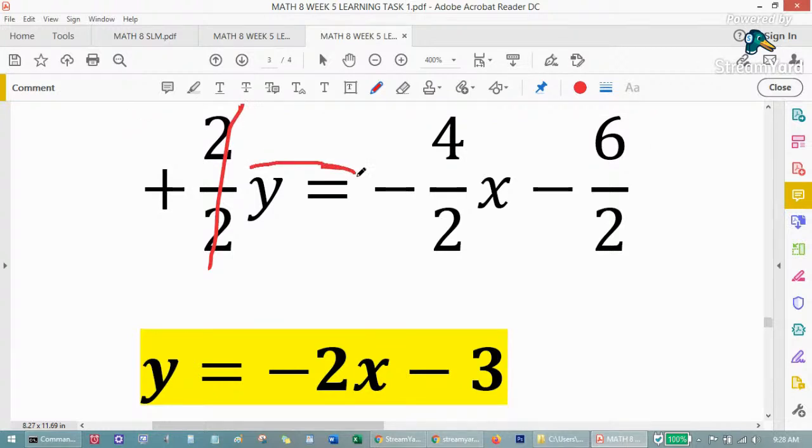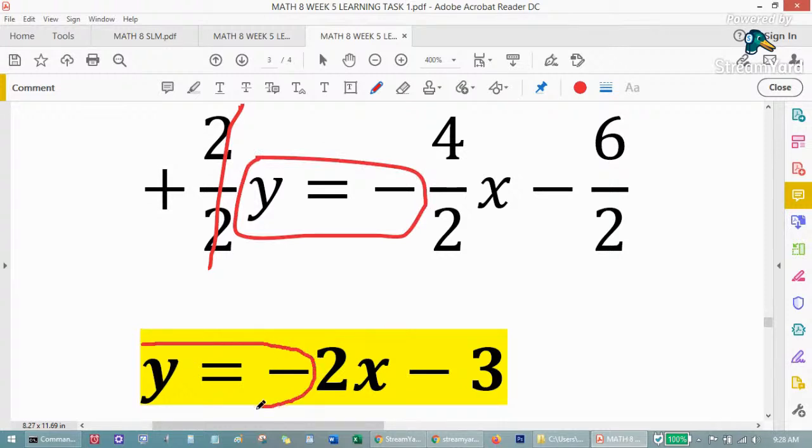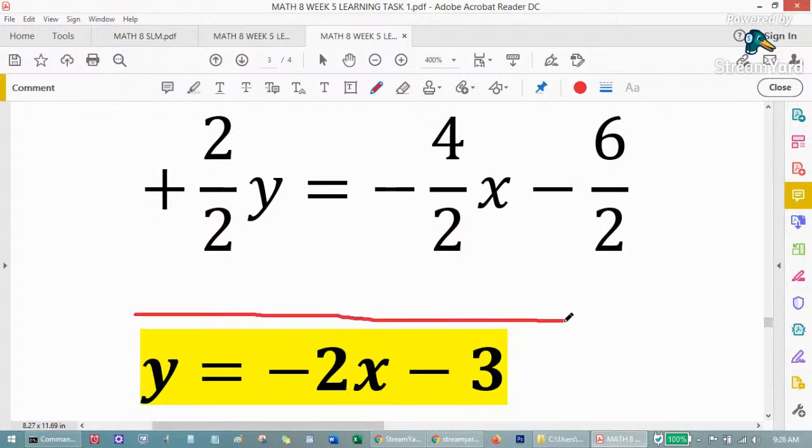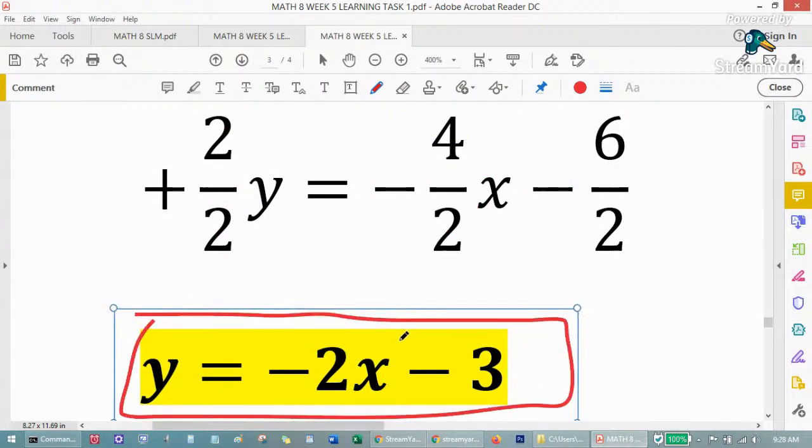So, y is equal to negative, and then 4 divided by 2 is 2, x minus 6 divided by 2 is 3. So this is the slope-intercept form.